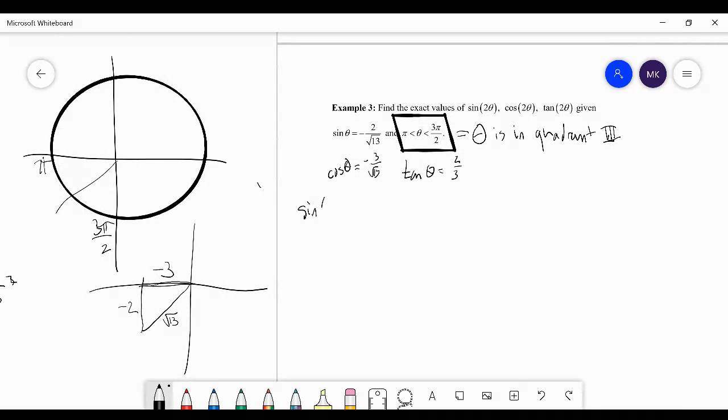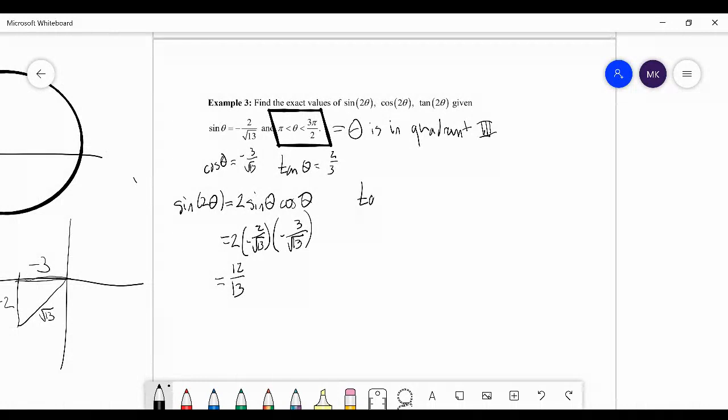So sine of 2 theta is 2 sine theta cosine theta, that's 2 times negative 2 over root 13 times cosine theta, which is negative 3 over root 13, which equals 12 over 13. Don't know why I did that so big. 12 over 13. All right.